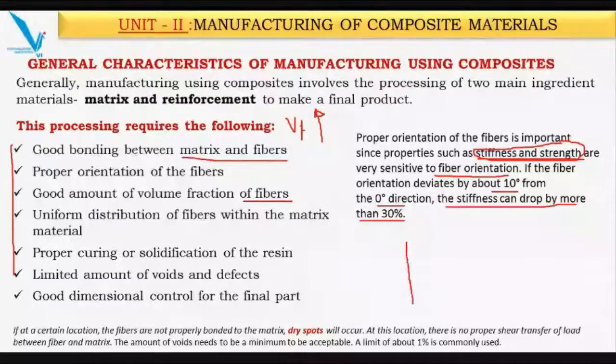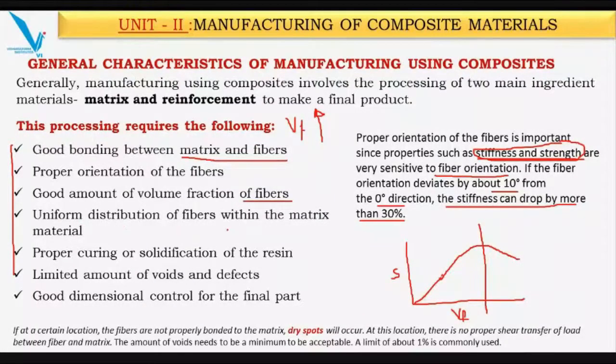If I draw this graph, strength versus volume fraction, as you go on increasing the volume fraction, strength and stiffness increase, but up to a certain limit. Beyond that, it may start dropping. So you have to use a proper, optimum volume fraction of the fibers. This is also important, and you have to decide it based on judgment or some calculations.